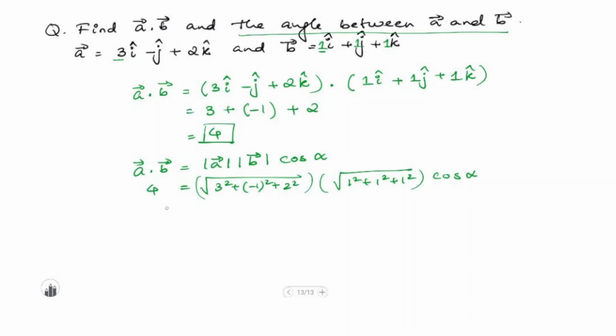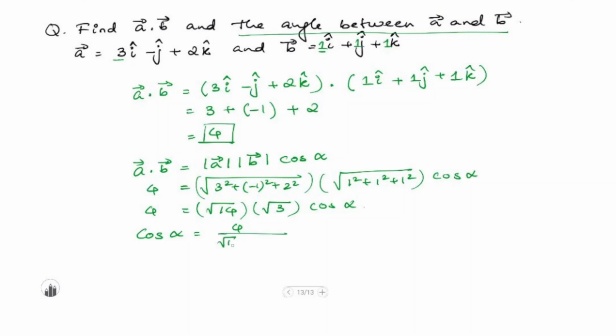So we can say this is 4 equal to root, so that's 3 squared is 9 plus 1, 10 plus 4, 14. So we have root 14 here times root 3 times cosine alpha. So we keep the cosine alpha here. We will take root 14 times root 3 to the other side, and that would divide the 4.